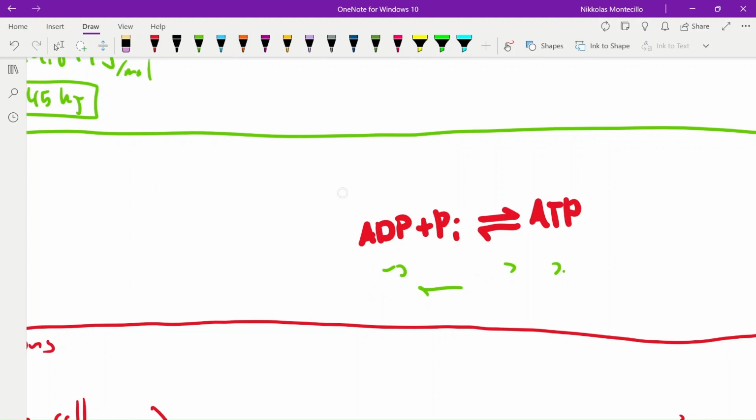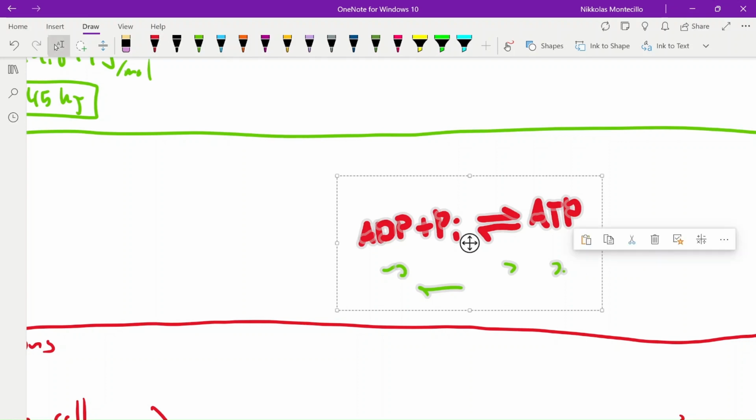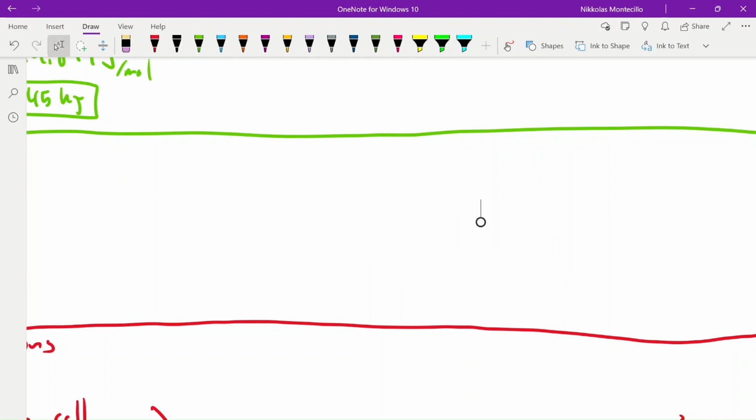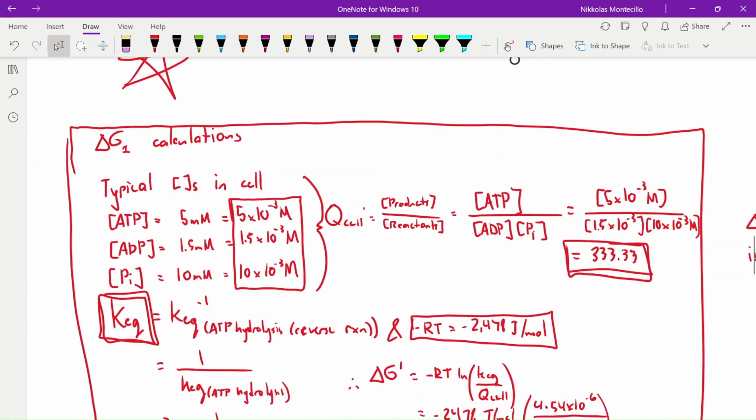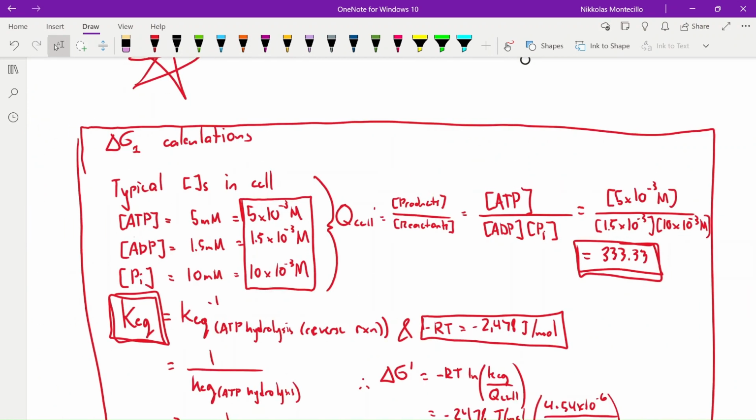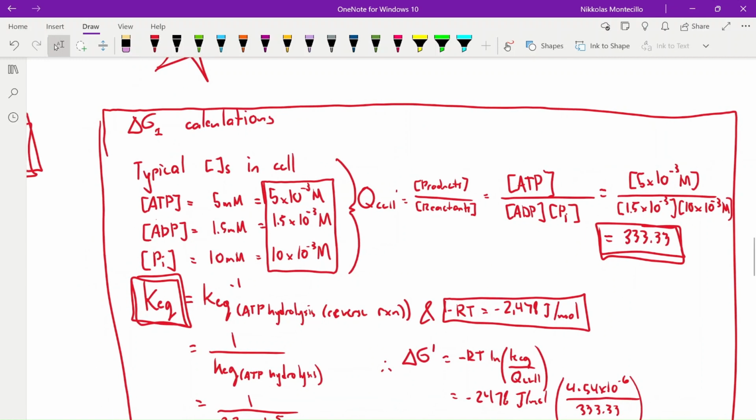You know what? Just to make it easier. There we go. So we see here that we determine Q cell to be 333.33, right?